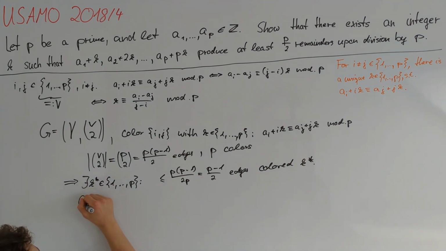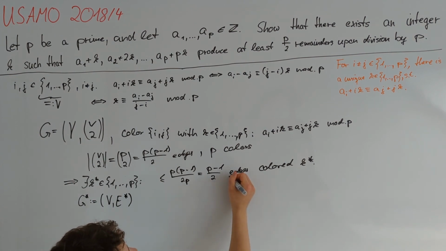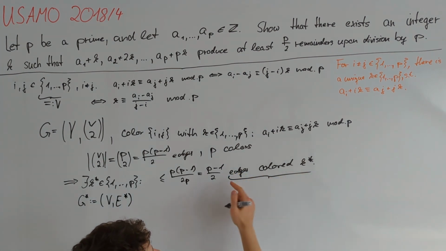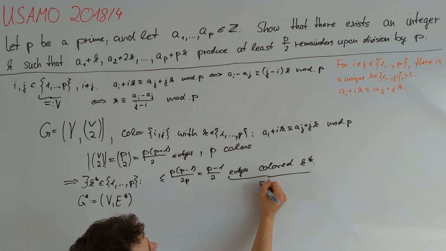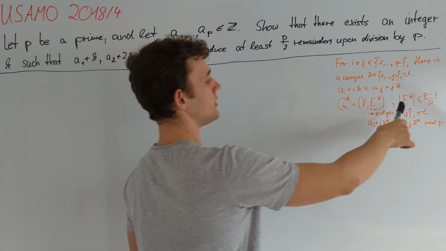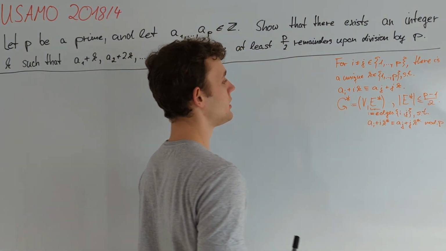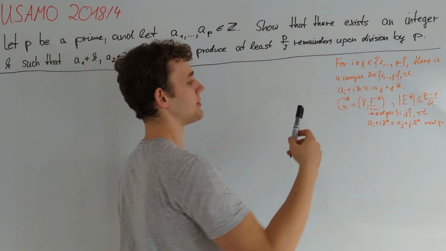So let us define G star to be the graph (V, E star), where, of course, we want the set of edges which are colored with k star to be equal to E star. We notice that G star has only at most (p minus 1) over 2 edges, which is very few in comparison to the number of vertices, namely p.